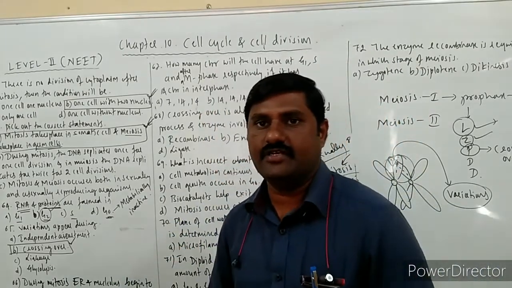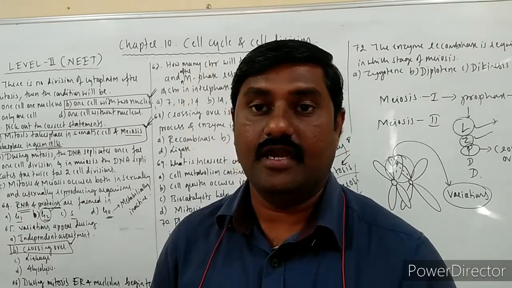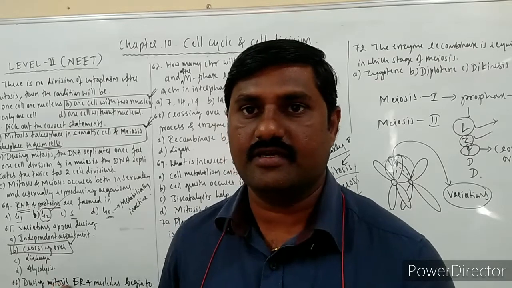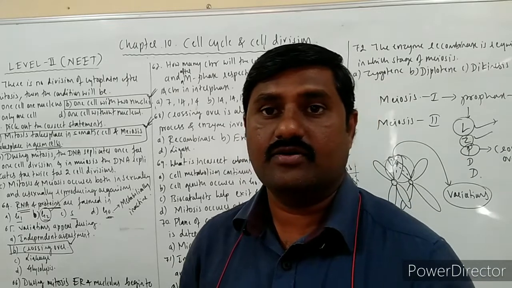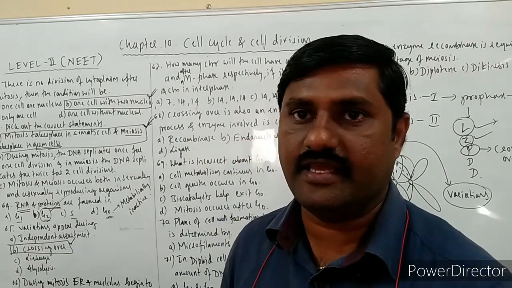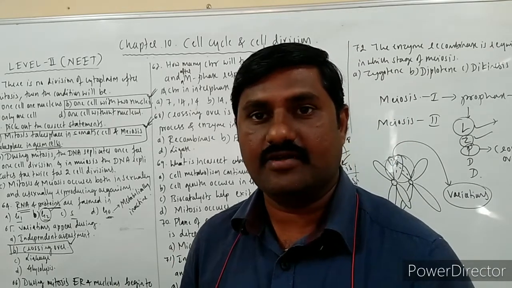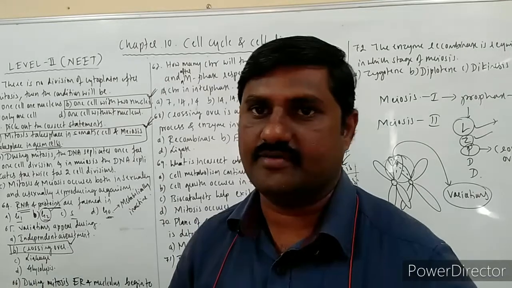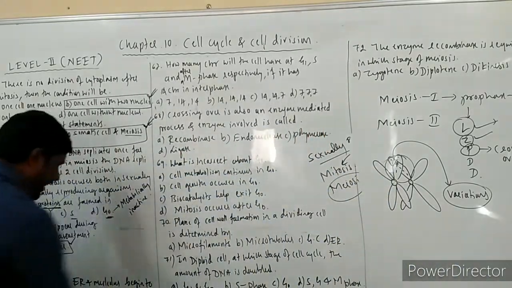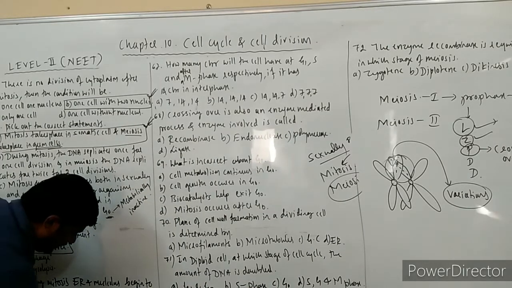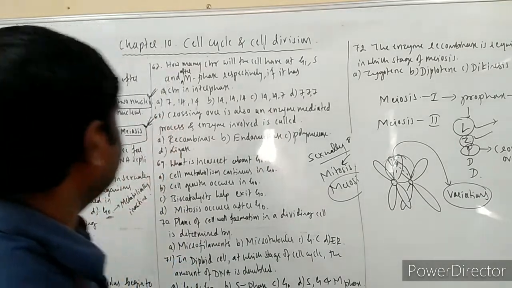In the early stage, disintegration of the nuclear membrane starts, and ultimately the disappearance takes place in late prophase, and total disappearance is seen in early metaphase. There the chromosomes are left in the cytoplasm directly, right? That's why the correct answer for this question is option D, late prophase.